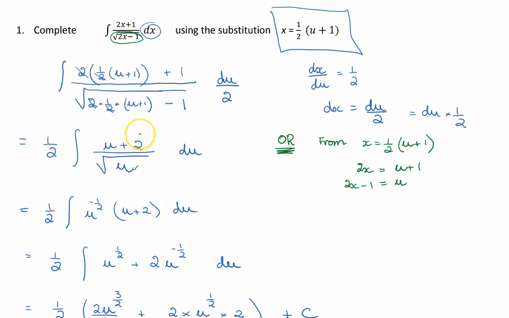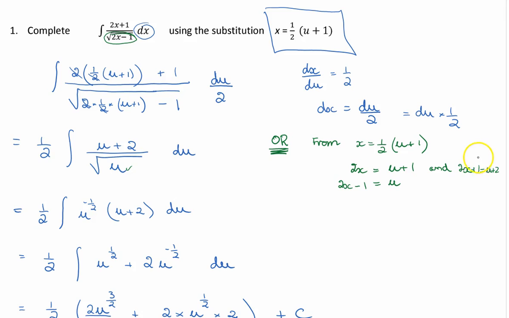So that's all good. We also need an expression for 2x plus 1. So from here, 2x, if I add 1 to this side, then I've got a plus 1 to this side. So 2x plus 1 actually becomes u plus 2.